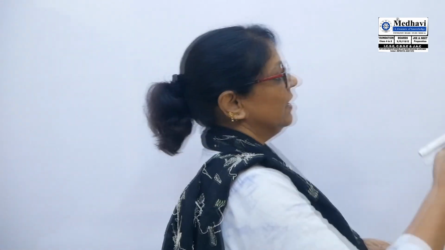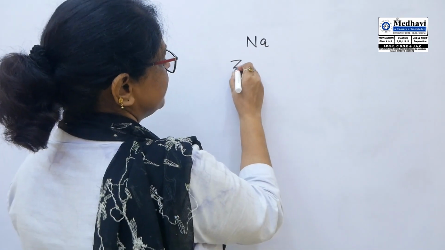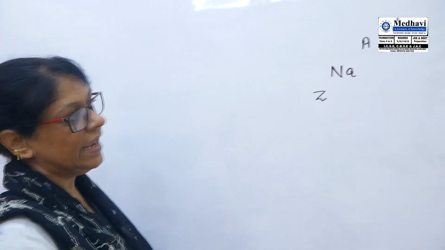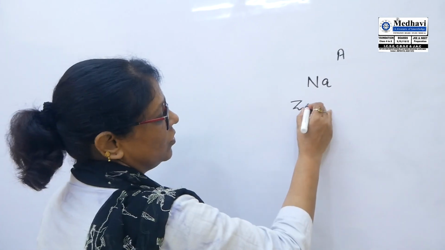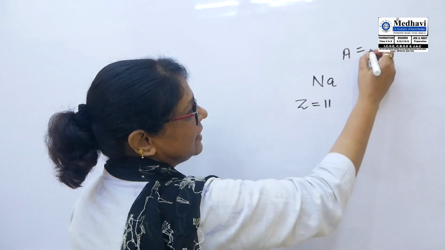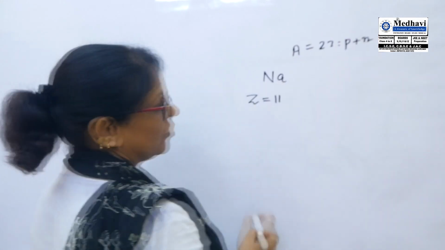For example, if the atomic number of sodium is 11, it means it has 11 electrons or 11 protons. It is always written like this: for sodium, the symbol Z is the atomic number, whereas another term we use, A, is the mass number. Mass number is the number of protons plus the number of neutrons.